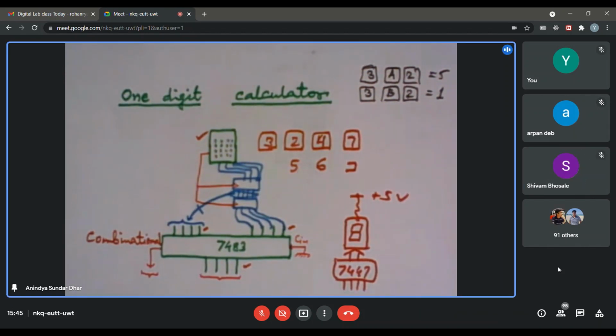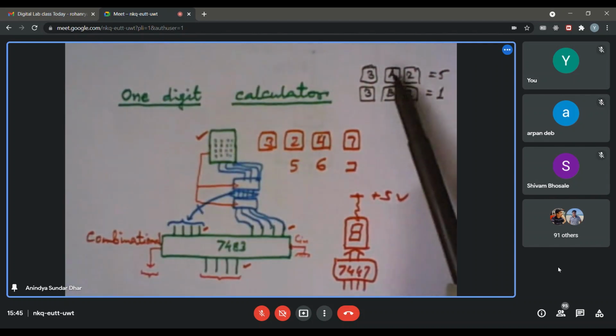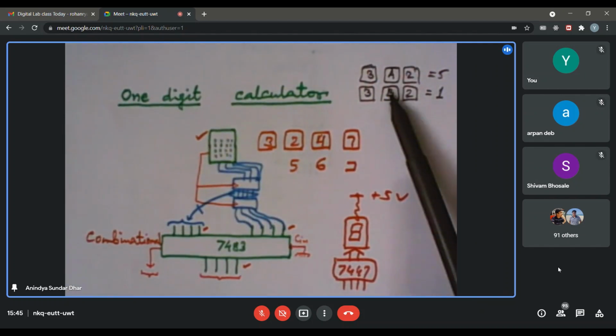Two's complement, basically. So how to do that in hardware, you need to think a little bit. Just by looking at this key, A or B, whatever I am pressing, or plus and minus, you need to identify which operation I am looking for, whether it is addition or subtraction, and accordingly see that the data flows inside the hardware.